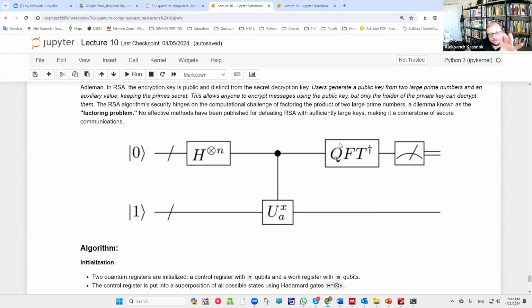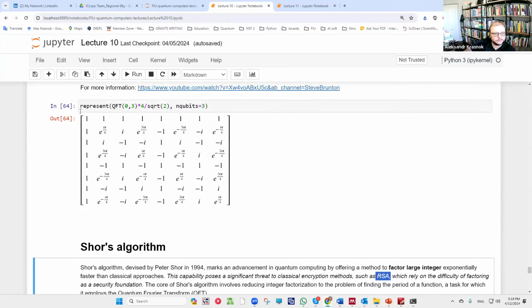And the purpose of this quantum Fourier transform for the Shor's algorithm is that QFT basically searches for the periodicity in the prime number. So it turns out that this big number, a product of two prime numbers, if you Fourier transform it, you can find out the periodicity in it. So you'll get a table like this, okay?